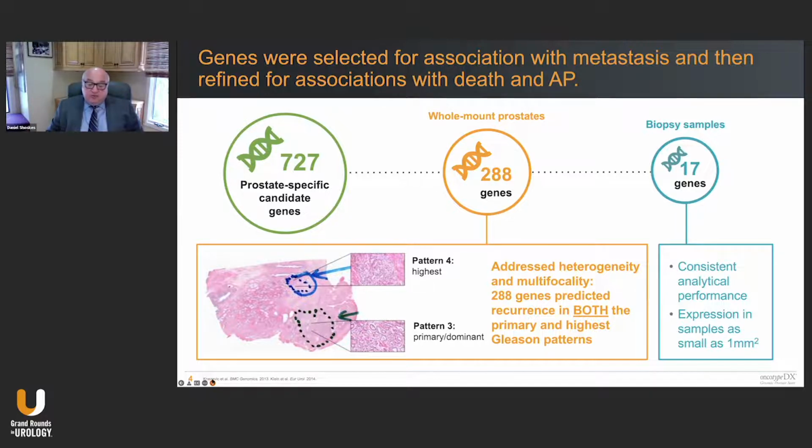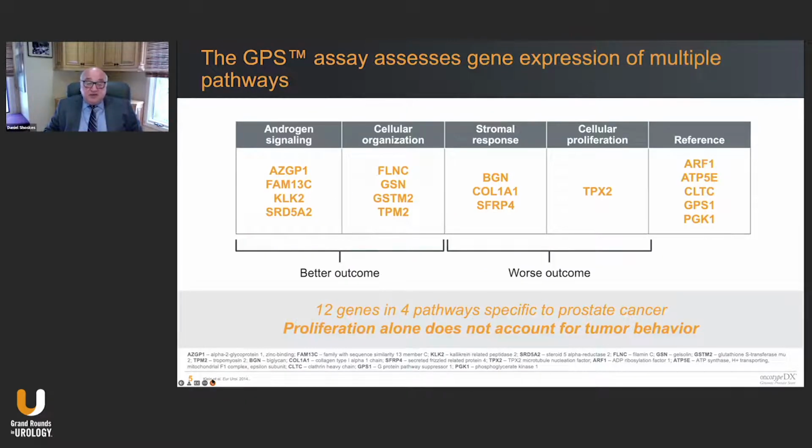In the second development study, genes were further screened for reliability that they could be recovered from prostate needle biopsy tissue, and for prognosis of other endpoints such as death from prostate cancer, adverse pathology, and biochemical recurrence. And this gave us a total of 17 genes. And these are the genes in the assay. You can see they're in 4 pathways specific to prostate cancer, plus 5 reference genes.